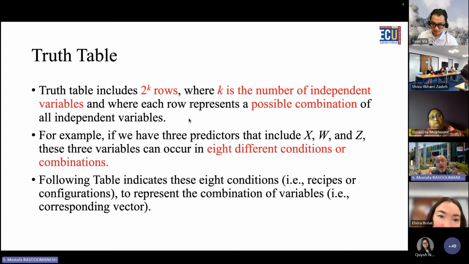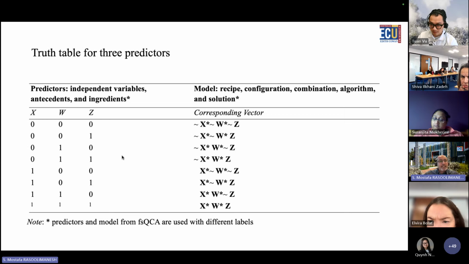It doesn't mean that all are necessary or sufficient, but all possible combinations will be 8 combinations that include all factors. So for example, here for x, w, and z, if we have three factors x, w, and z, you can see these are the 8 possible combinations of factors that can happen, right?